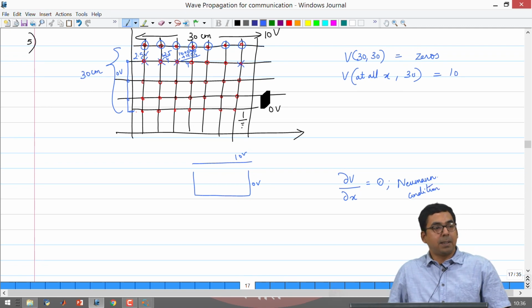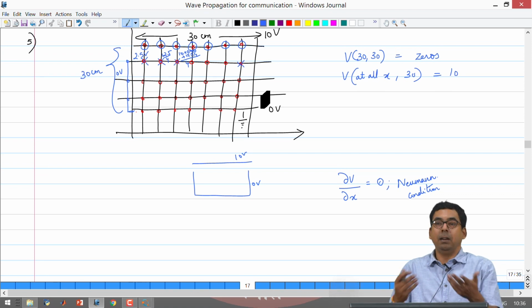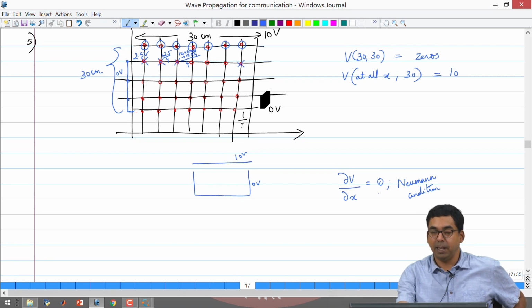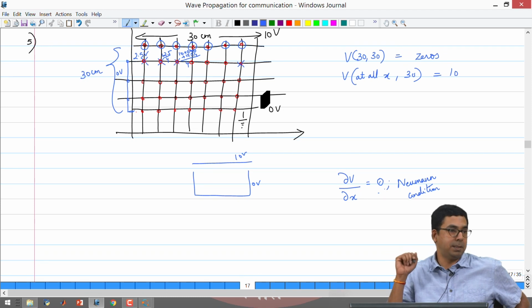Unlike the previous condition, this is a dynamic boundary condition. Every iteration that you make will change your boundary condition. And this is a special form of Neumann boundary condition where the right hand side is 0. It could also be any constant, but in this particular case we are just setting the derivative of the voltage with respect to x to be equal to 0.